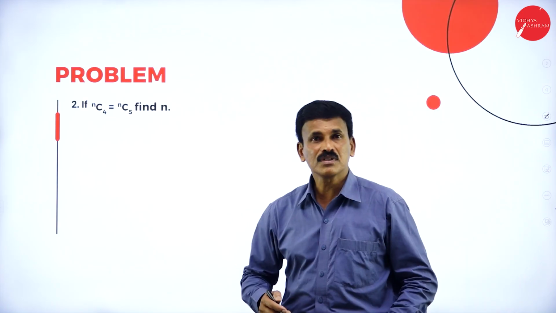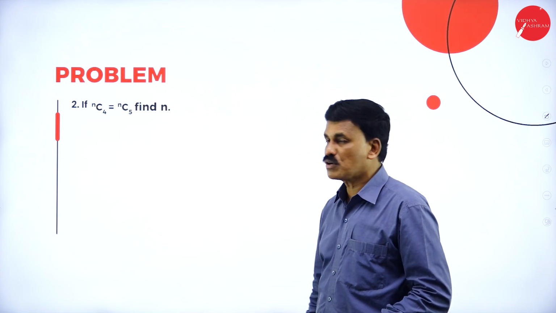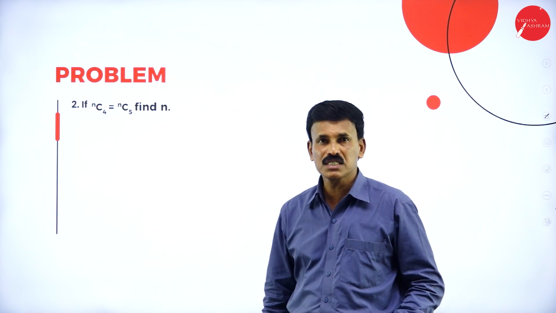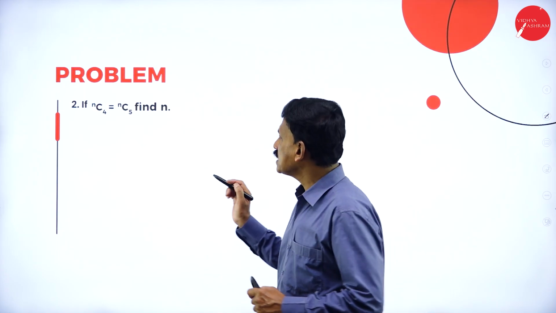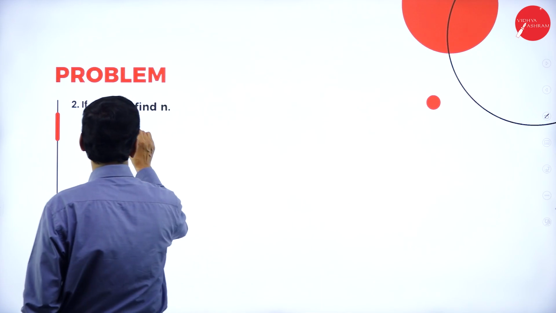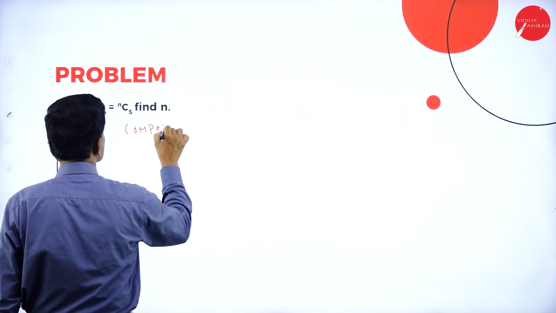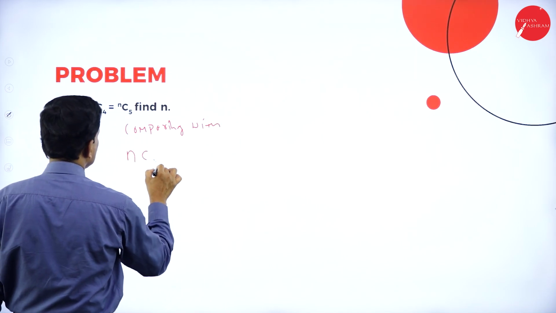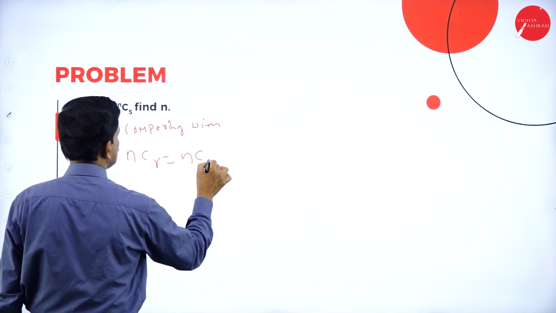That's it. Okay. Let's come to the next problem. That is again from combination. If nC4 is equal to nC5, find n. Very important and simple problem. Now just compare this with nCr is equal to nCk.